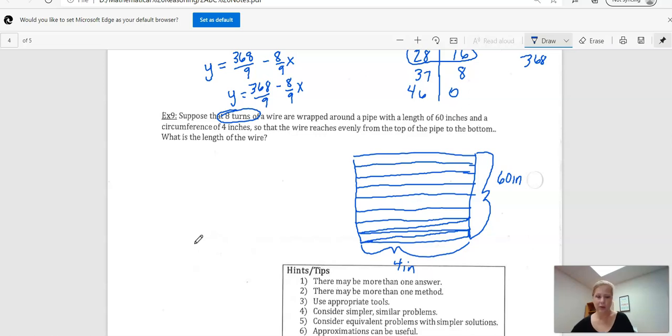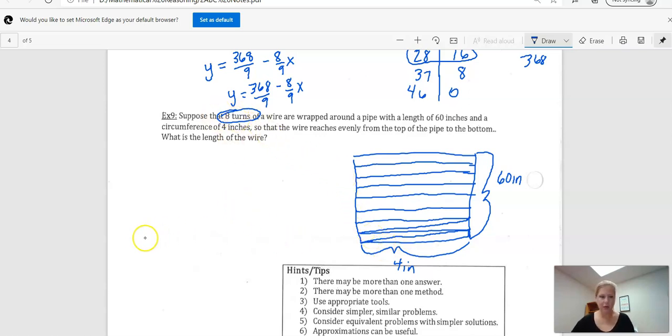Now listen, pretend this is a rectangle. I know I didn't do a great job of drawing it, but think of a wrapper on a soup can. If you unfolded it, you would get a rectangle. Well, we're taking this wire and it's going to have to go 8 turns.